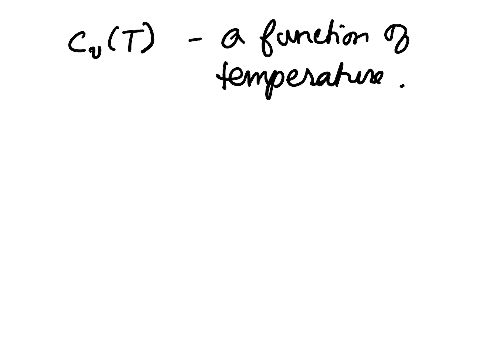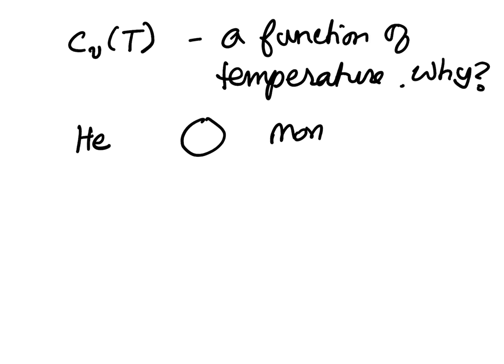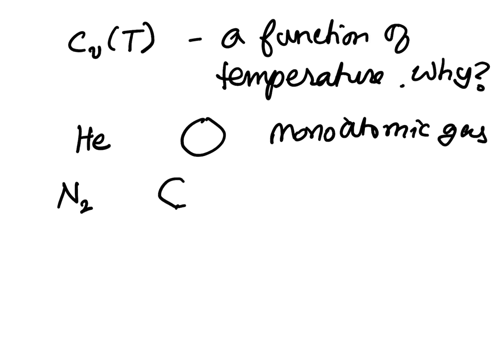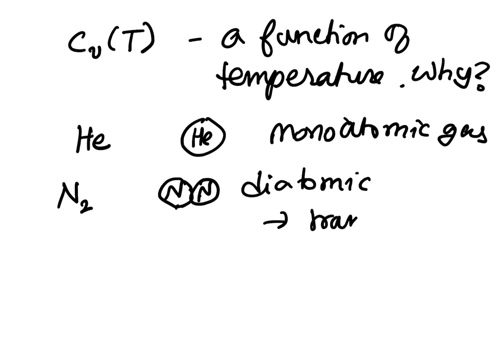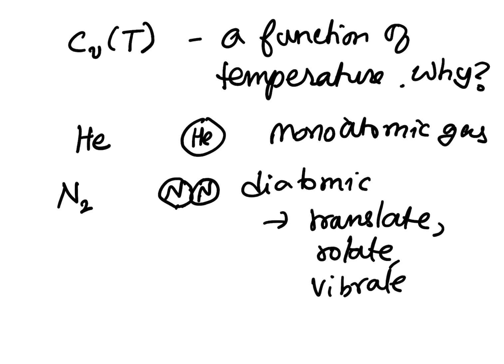Why is it a function of temperature? Because if you think of substances, for example helium, it is a monoatomic gas. If you take nitrogen, it's a diatomic gas that can translate, can rotate, and it can vibrate at some conditions as well.